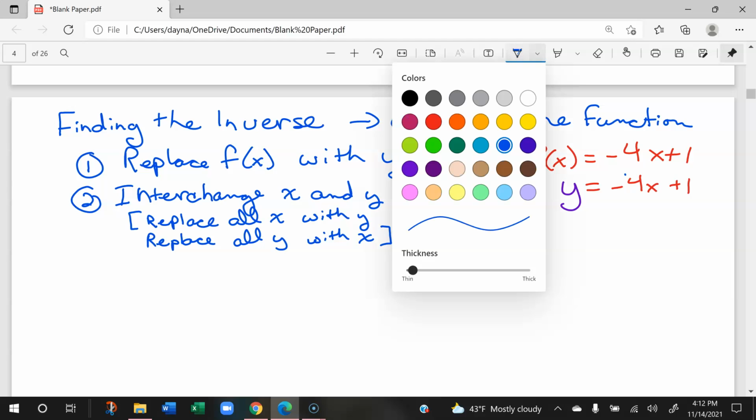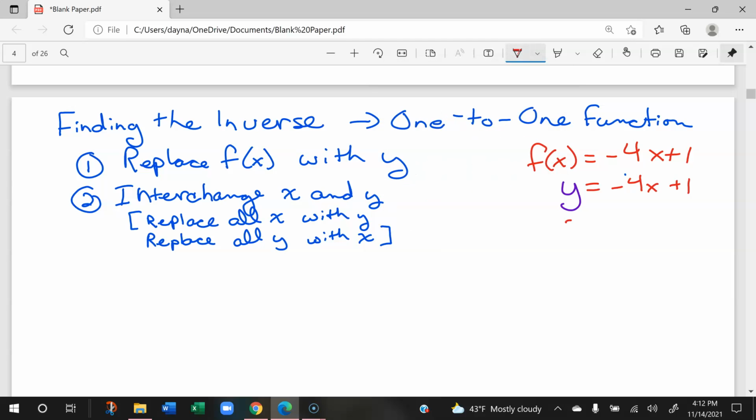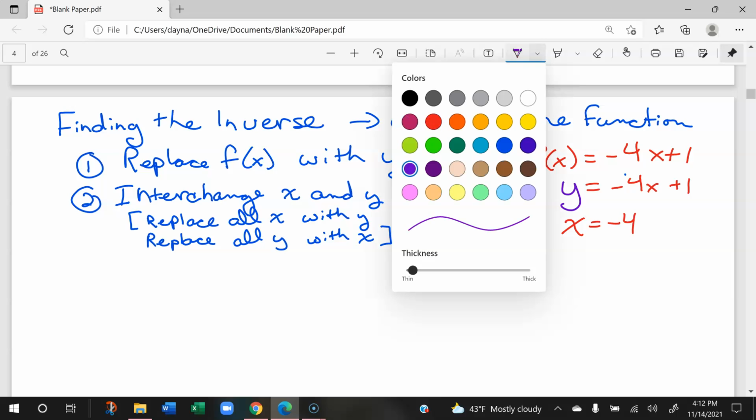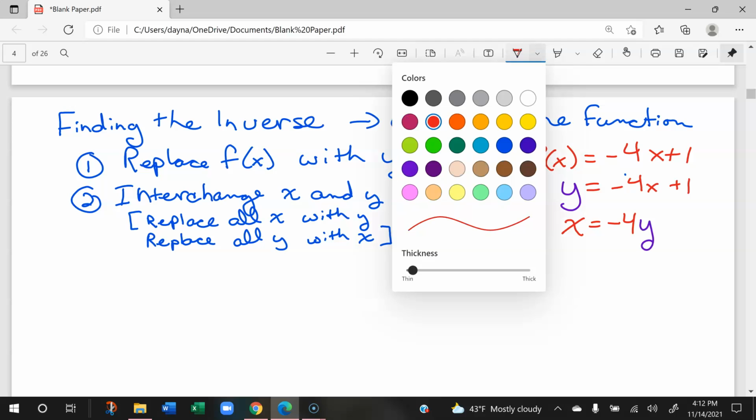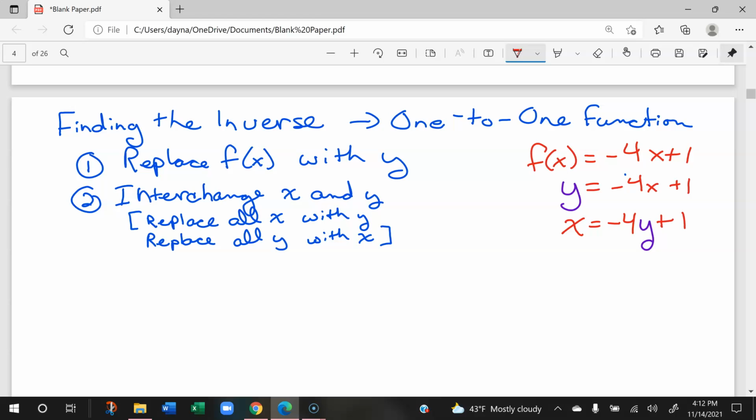So here I need to put an x where the y is, equal to negative 4 where the x is, I'm going to put the y, plus 1. So you've noticed I've switched where the x and the y are.